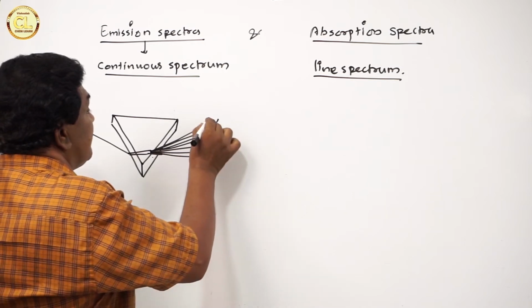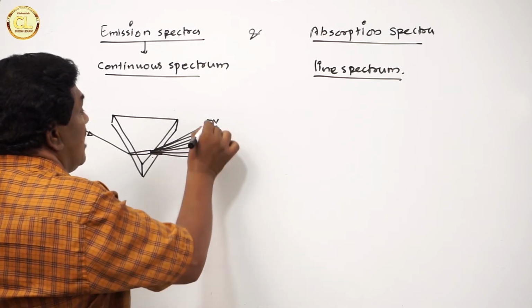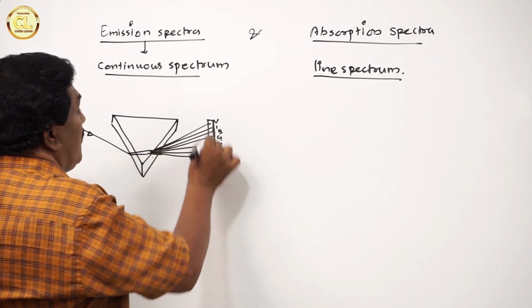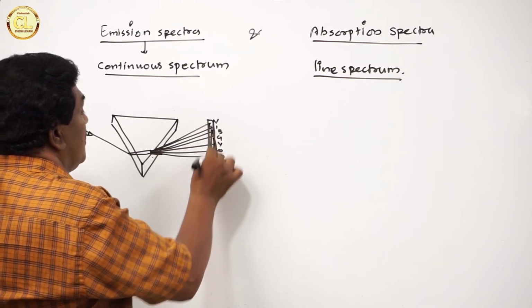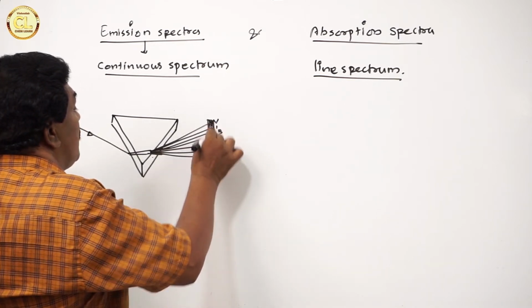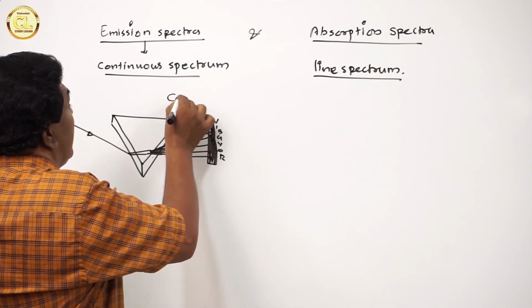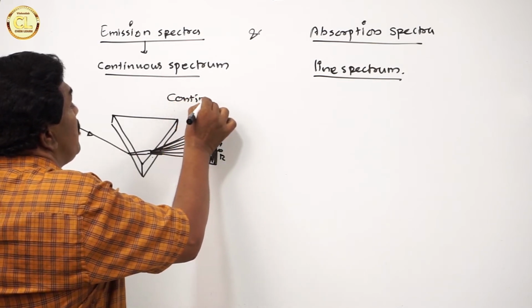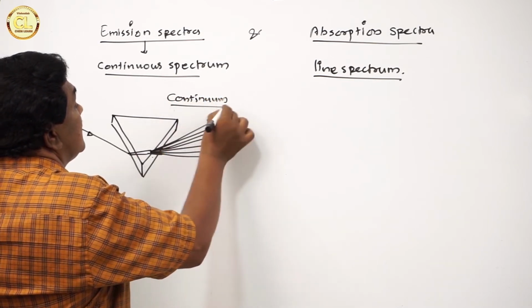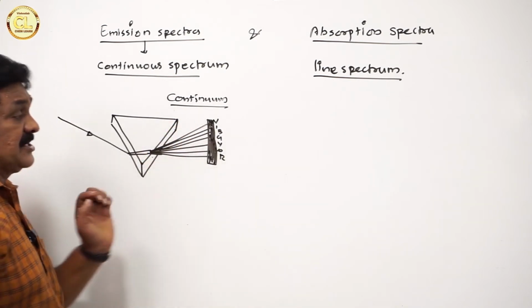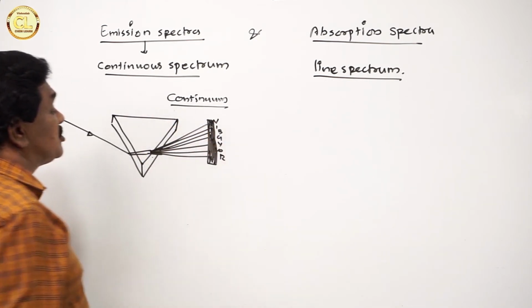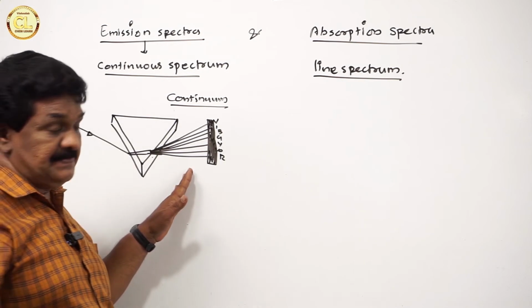If these 7 colored lights are allowed to fall on a photographic plate, we get a continuum of colors in the spectrum. Thus obtained spectrum is called continuous spectrum.